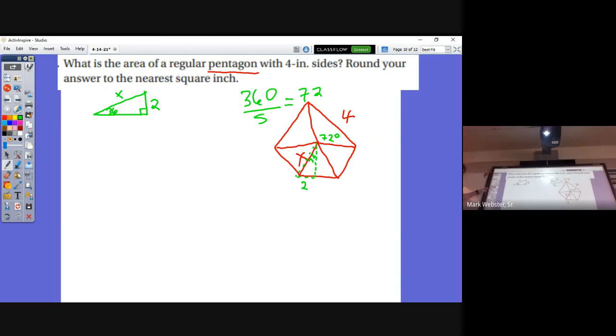Now, once again, always take the time to label your sides so you know which is which. SOHCAHTOA, so that you keep that in your mind, in your brain. We got the O, we got the H, so we're using sine. Opposite over hypotenuse, like that, right? Cross multiply and divide.